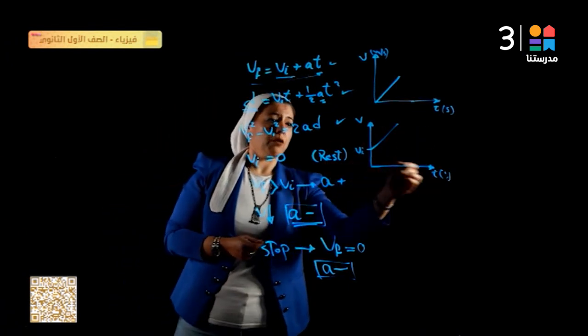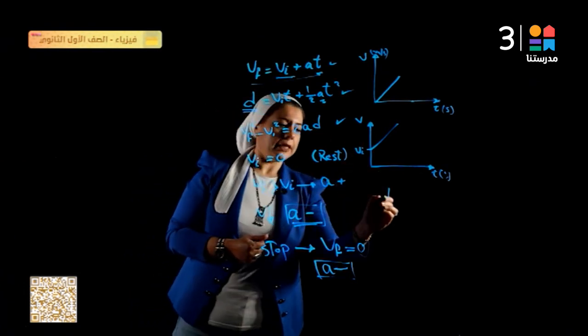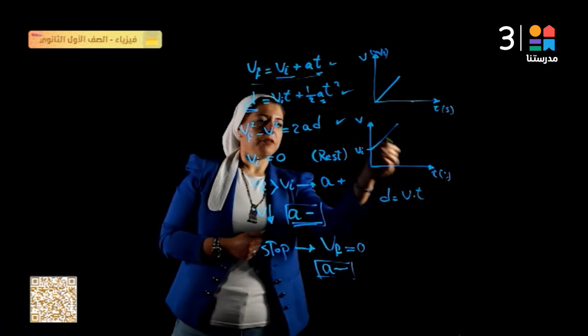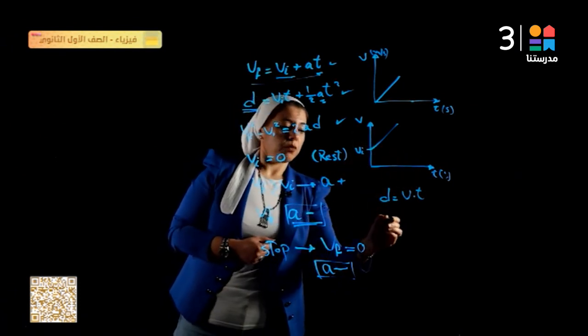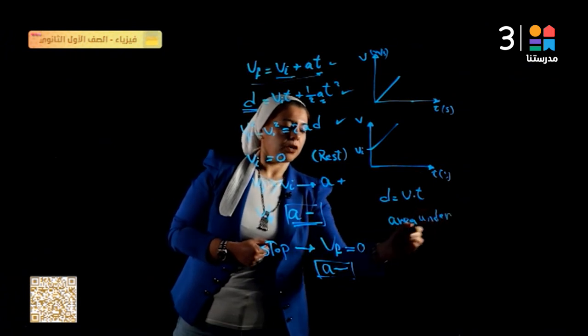From this graph, how can we find the total covered displacement? We agreed that D equals V times T, which is the multiplication of the values of the two axes, which is equal to the area under the curve.